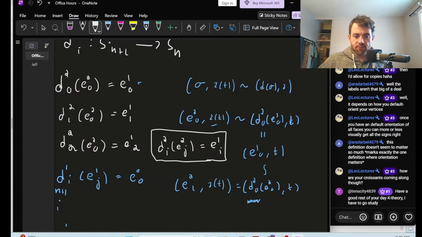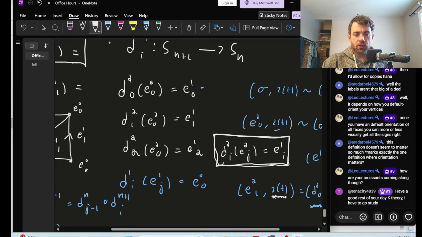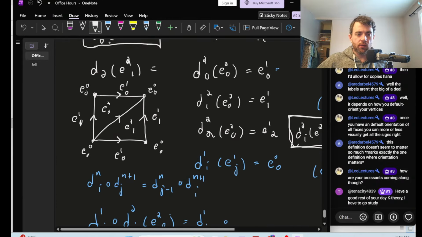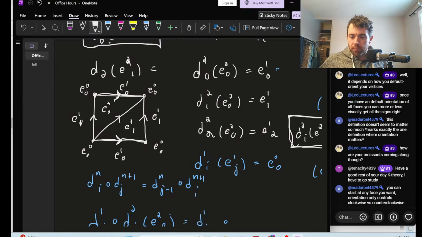Yeah. But I guess I think this is the way that I want to define it. Right? Because in that quotient now, this is the thing that's going to glue this E10 together with this E10, right? You can start at any face you want. Orientation only controls clockwise versus counterclockwise.